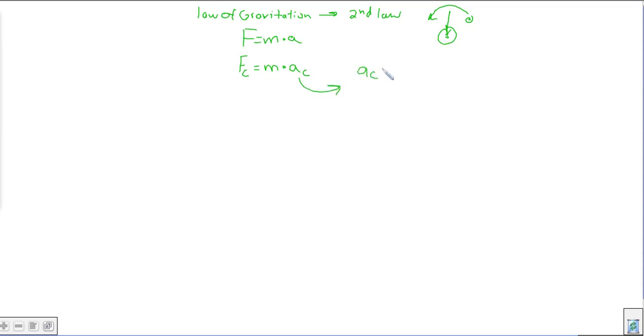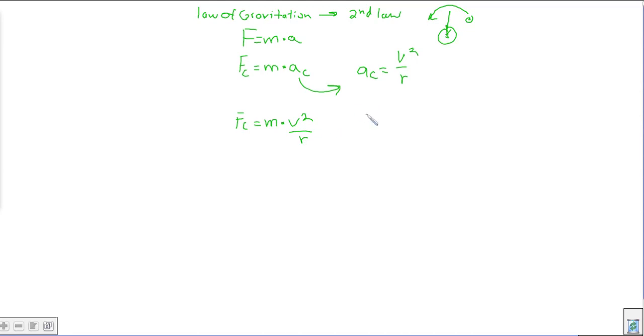We know that centripetal acceleration equals the velocity squared divided by the radius. So if I take this and substitute it in here, I get the centripetal force equals the mass times the velocity squared divided by r.